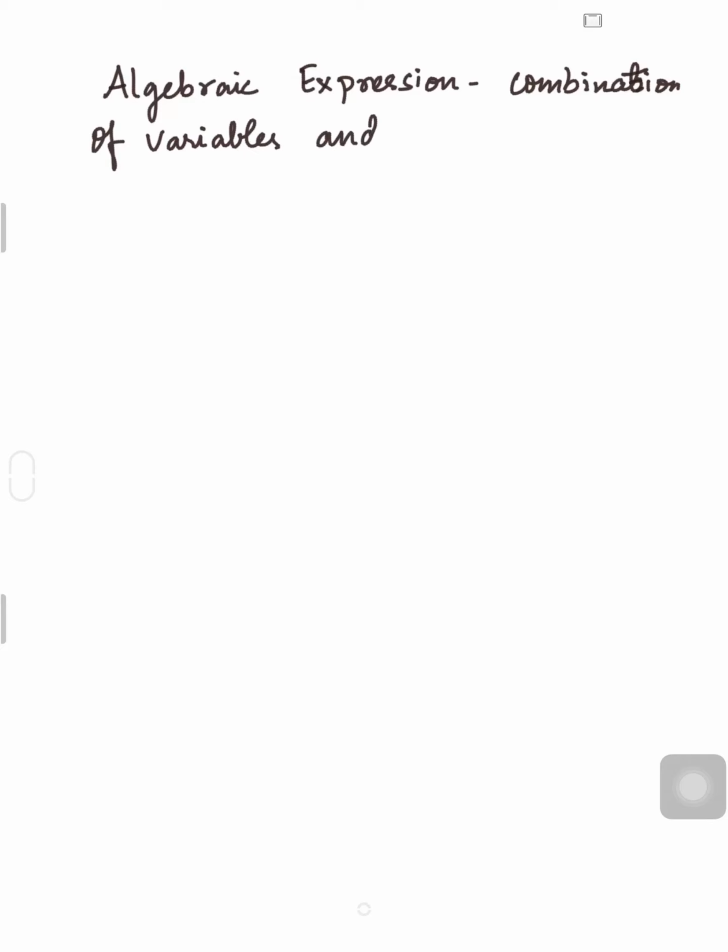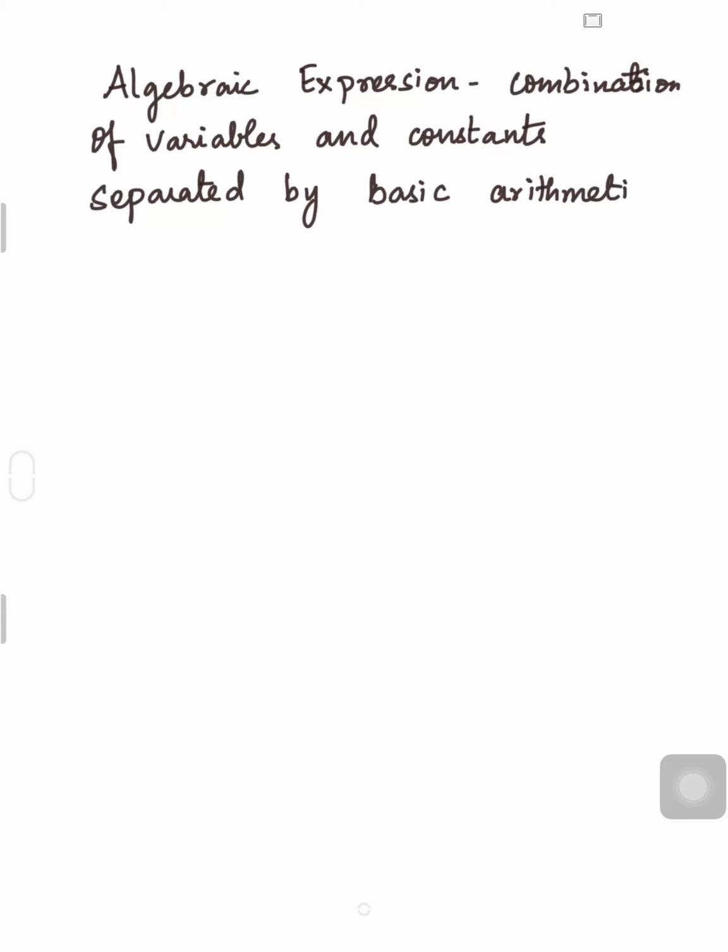An algebraic expression is nothing but a combination of variables and constants separated by basic arithmetic operations.